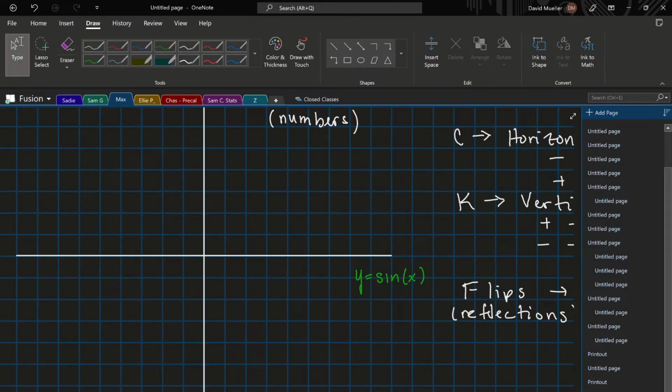The y coordinate is 0. So at theta equals 0, the angle, sine is 0. The y-coordinate is 0. Okay. And then what about at pi over 2? Let's actually just write these. We'll go pi over 2, pi, 3 pi over 2, 2 pi.